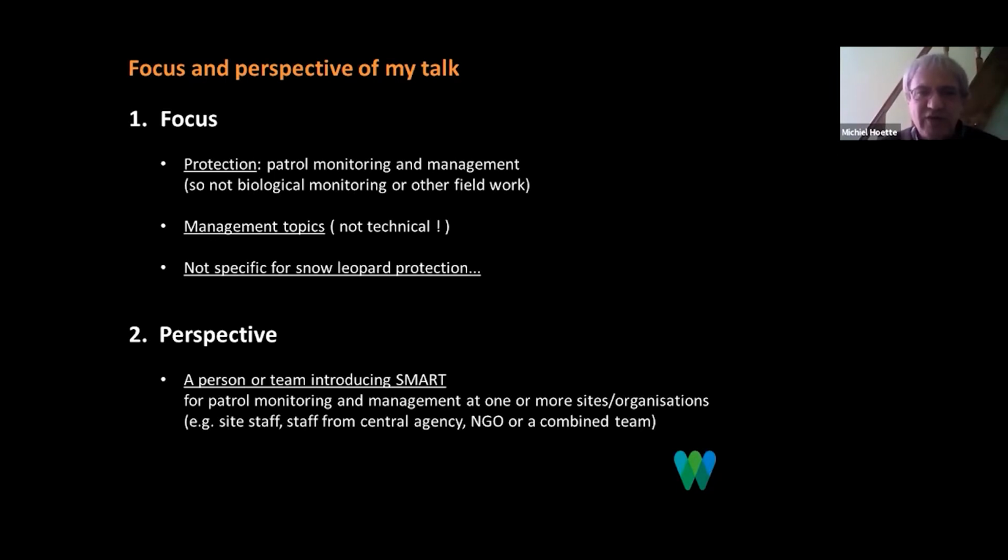It's all about how to organize a project for the introduction of SMART. And there is going to be very little that is specific for snow leopards. A little bit, but basically I talk in general terms about the steps to introduce SMART.